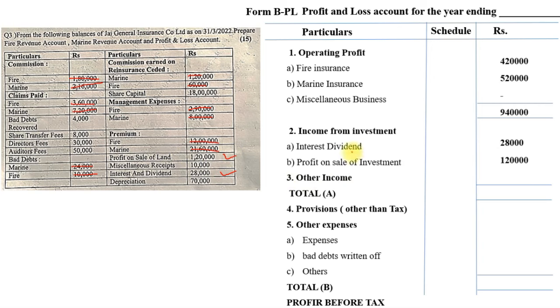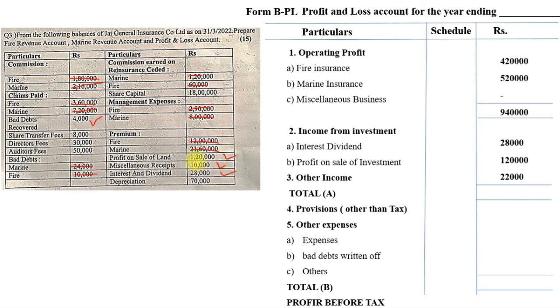Other income: are any other incomes available? I can see bad debts recovery of 4,000. Miscellaneous receipt of 10,000. I guess those are the only two things we found, so 10,000 and 4,000 makes 14,000 of other income. One more thing is missed out.